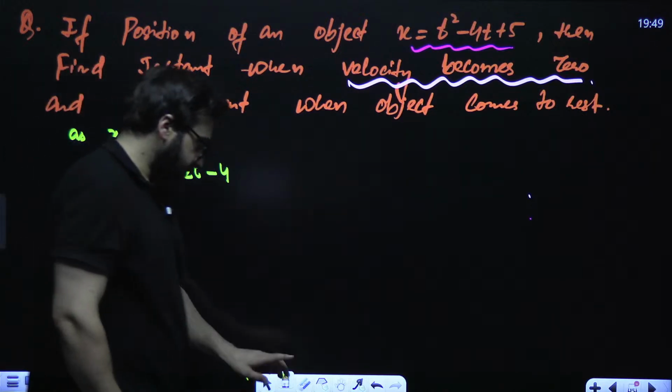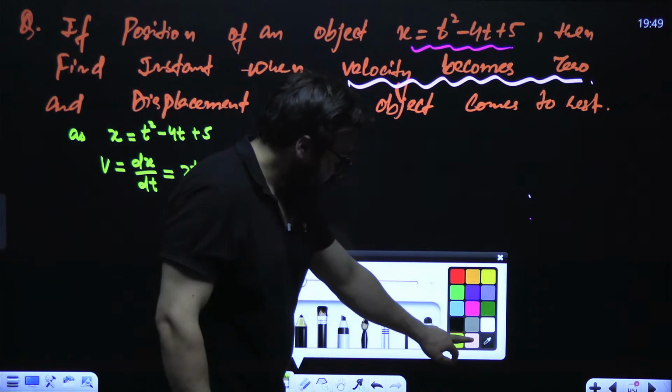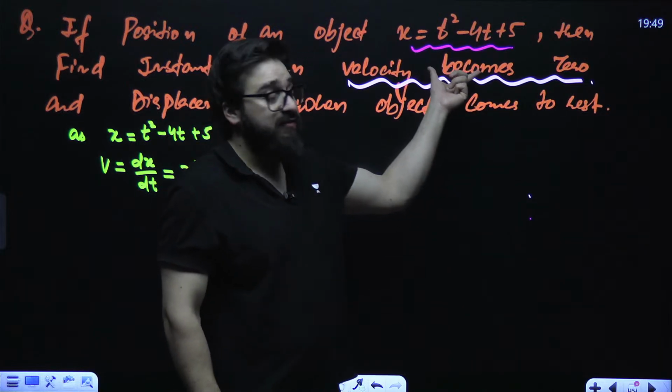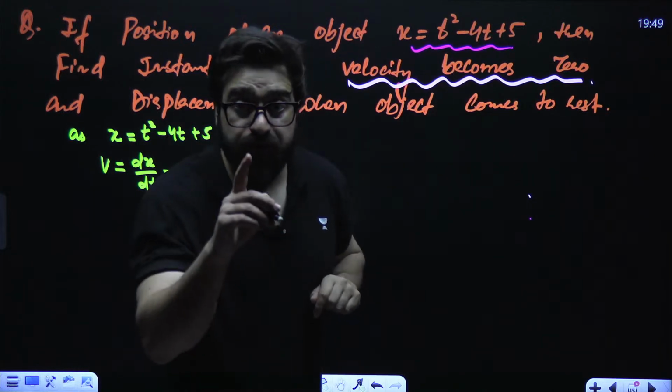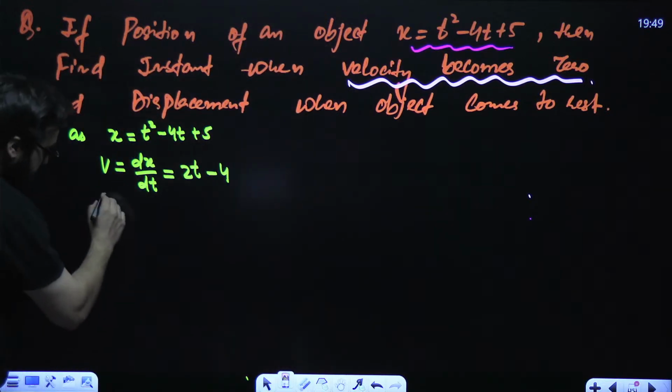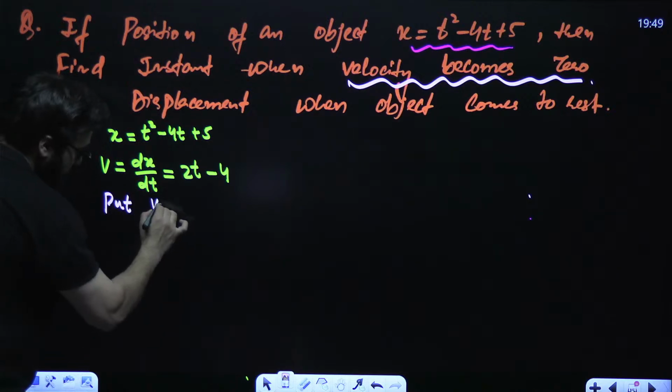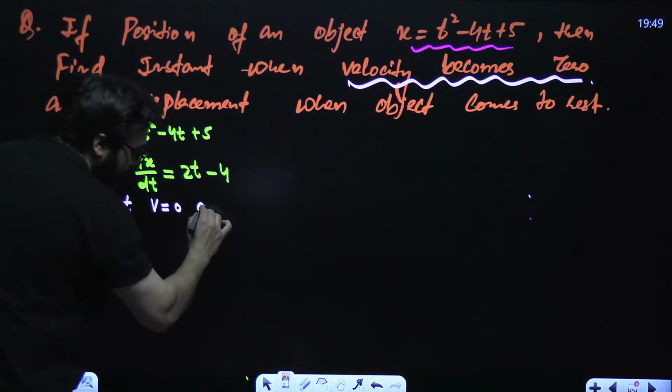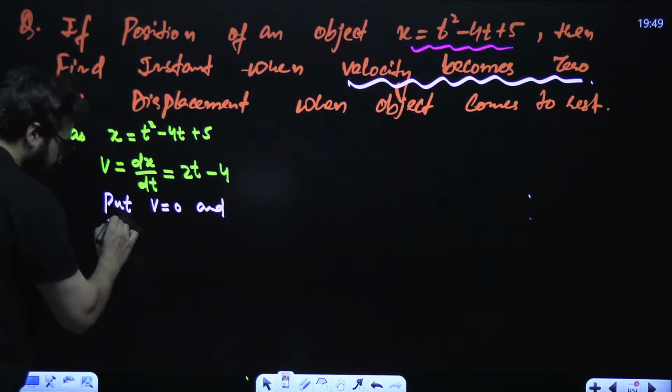Now guys, it says to find the instant when velocity becomes 0. You have to find the time when velocity becomes 0. So I put velocity equal to 0 and get the time.